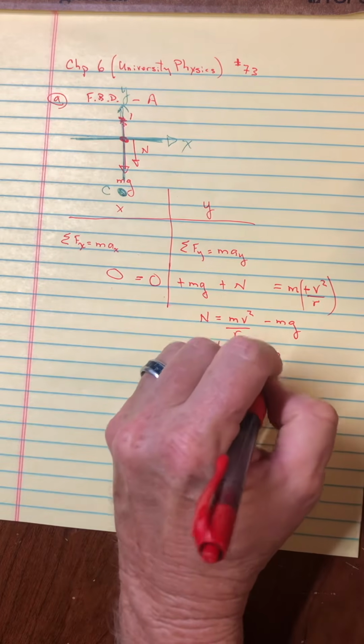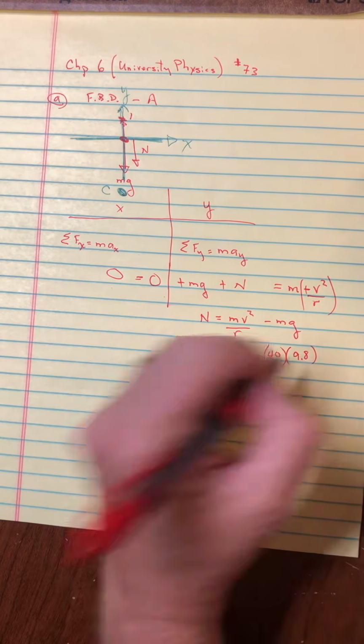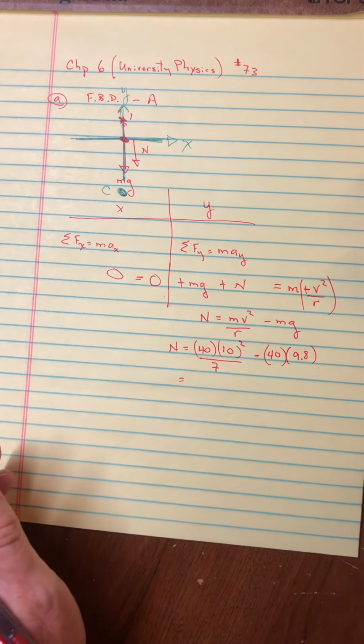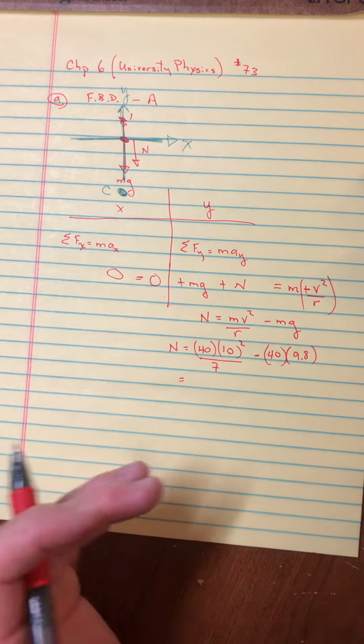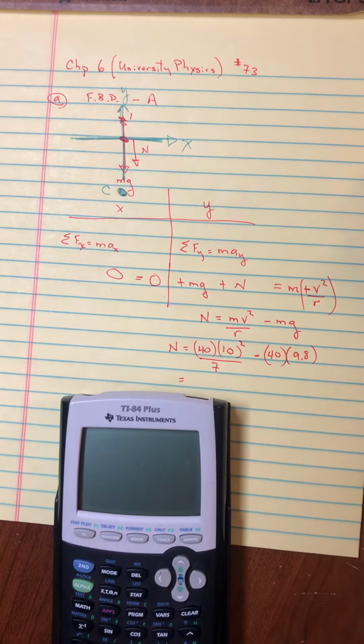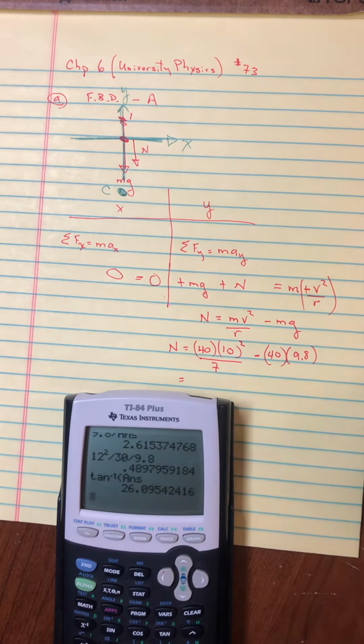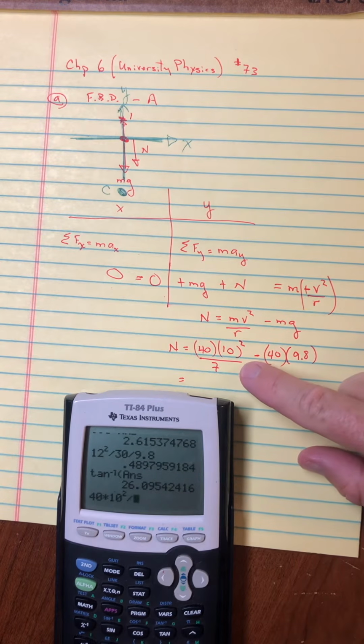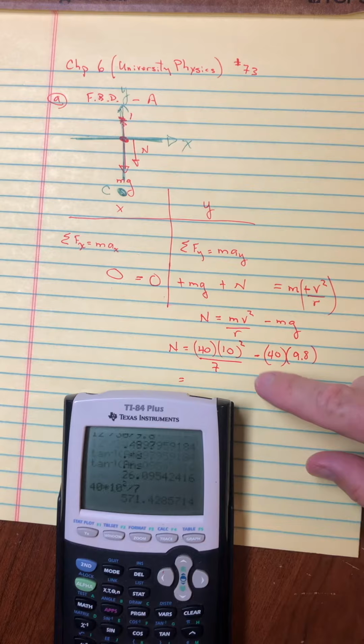Then if we subtract off 40 times 9.8, we can get this first part that says what is the force at the car seat. All right, so I will go 40 times 10 squared divided by 7.